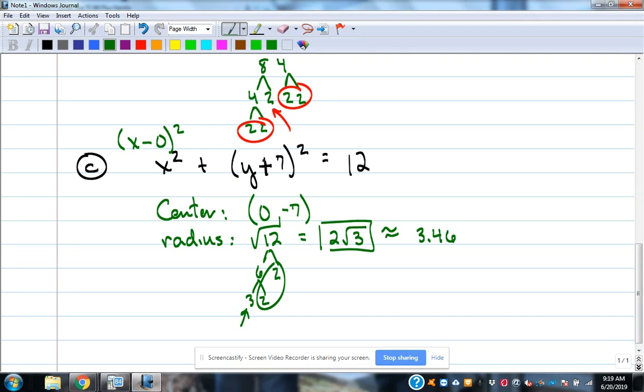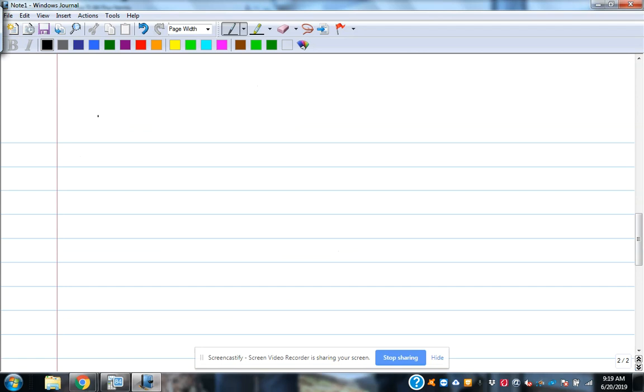All right. The other thing that we do with circles is to go the other direction and, given a center and a radius, build the equation from that. So it's just to synthesize, create an equation. So we're going to do that.